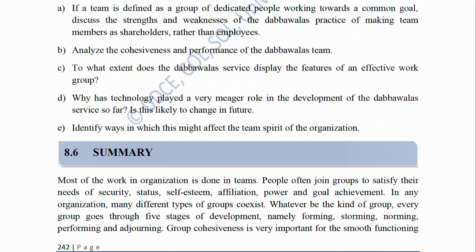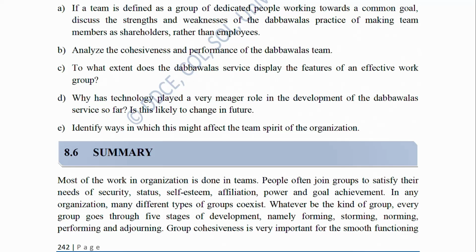Third, to what extent does the Dabbawala service display the features of an effective work group? Fourth, why has technology played a very meager role in the development of the Dabbawala service so far? Is this likely to change in future? Last, identify ways in which this might affect the team spirit of the organization.